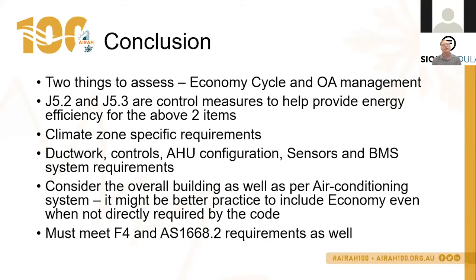So you then need to make sure that you still meet 1668 minimum outside air rates into the space on a per square metre rate, not an occupancy rate. So you do have a minimum VAV turn down that you can achieve.